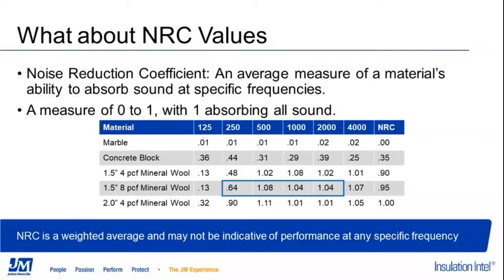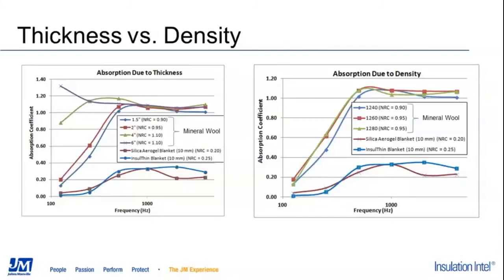It has an NRC of 0.9, which is pretty darn good, but if your noise problem is at 250 hertz, it only has a sound absorption coefficient of 0.48, which isn't the best performance. So you might need to step up to something like the 8 pound material, which has much better performance at that specific frequency. So a very important concept to keep in mind.